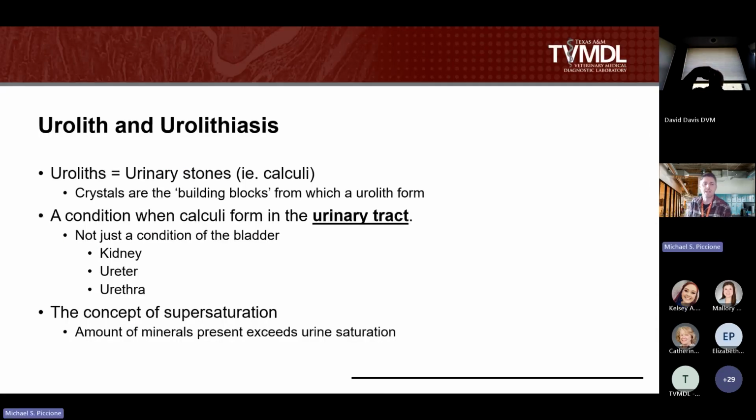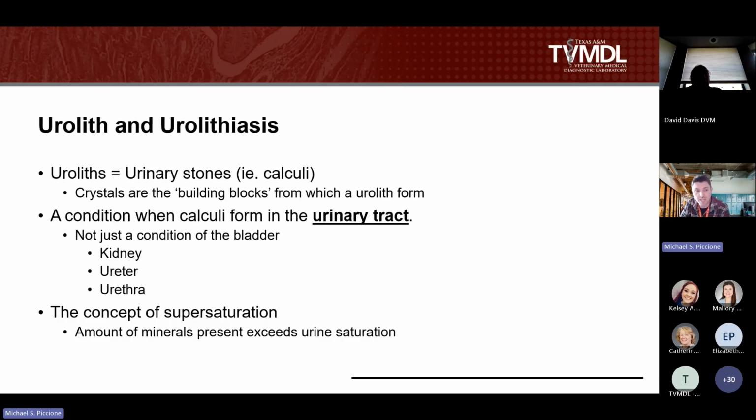First of all, with definitions, I like to set the stage and just say, for the purpose of this presentation, uroliths are essentially urinary stones. They're calculi. You're going to hear me use those terms interchangeably. I like to say that because I tend to use these terms all the time, and I don't want there to be any confusion, especially when we talk about something foundational like this.